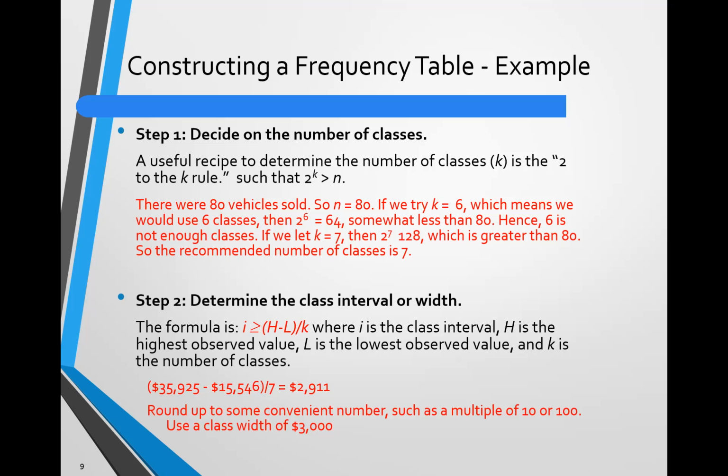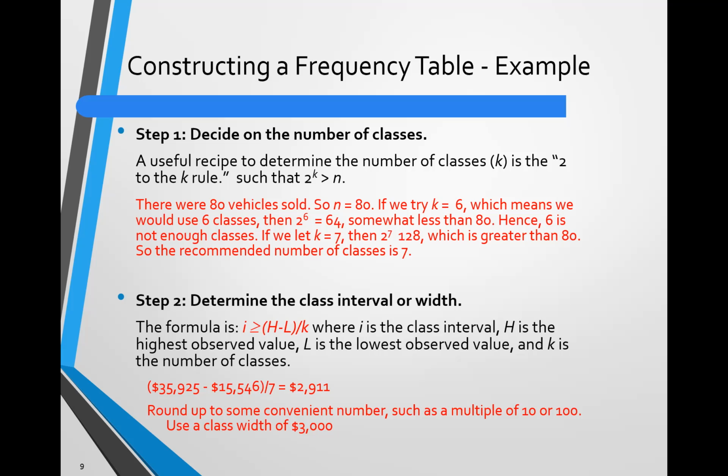I, the class interval, should be greater than or equal to, (in the previous case it was always greater than when deciding the number of classes), H minus L divided by K, where H is the highest observation and L is the lowest observation.